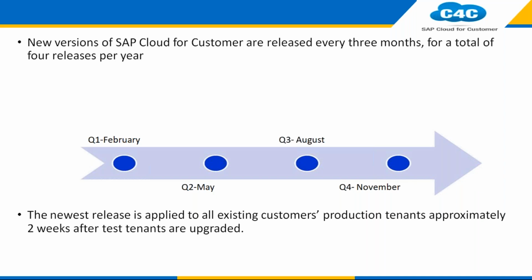It has C4C Sales Cloud, C4C Service Cloud, Marketing Cloud, CDP, CDC, MRCs, e-commerce, Qualtrics, field service management, configure price quote, and SAC, that is SAP Analytics Cloud. So around 10 applications are there under C4 HANA. Its combined package is called C4 HANA.